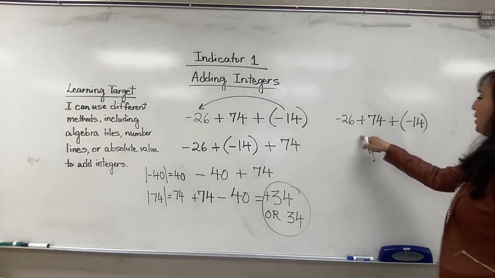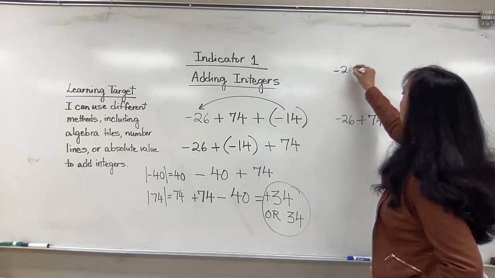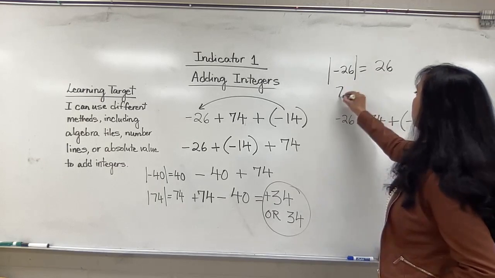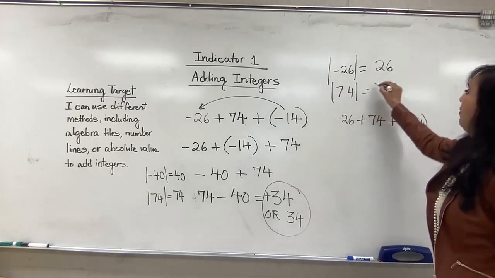Once again, the absolute value of negative 26 is 26 and the absolute value of 74 is 74.